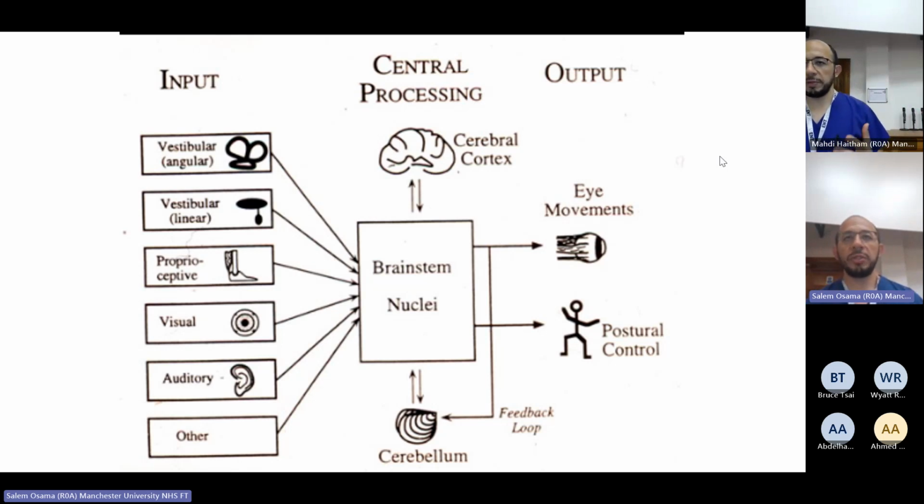You're also depending on proprioception, how you orient yourself to the surroundings, and the auditory input. All of these inputs go into processing within the cerebral cortex, the brainstem, and the cerebellum, and all of this together has different reflexes.